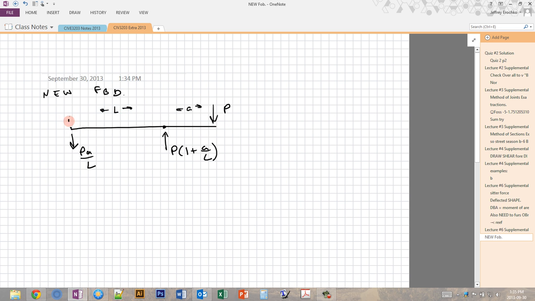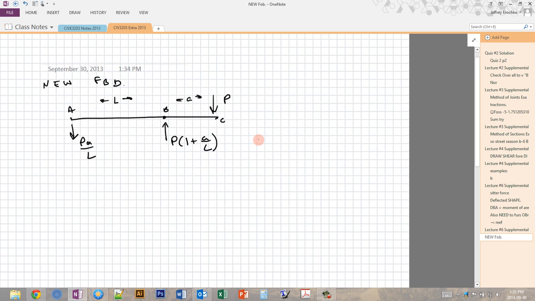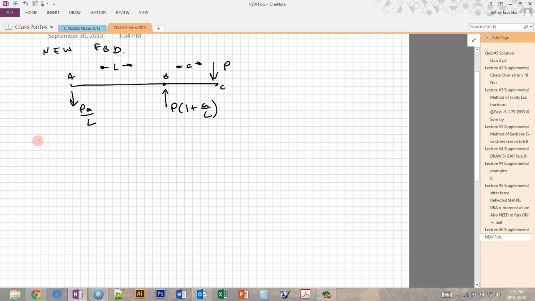And this is point A, B, and C. Okay, so if we look at segment AB, so if we take x, we're going to say that x equals 0 is at A, and then x increases from A. So if x is between 0 and L, then we're on segment AB.